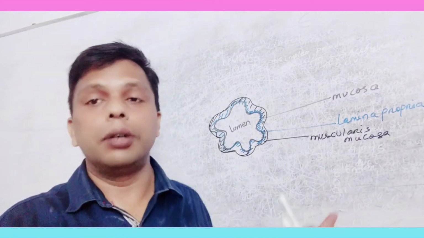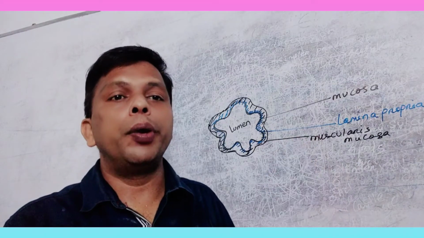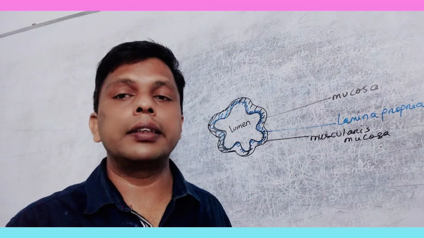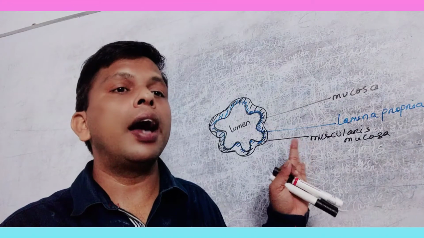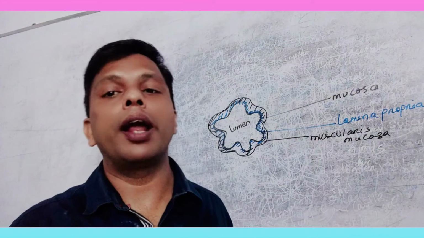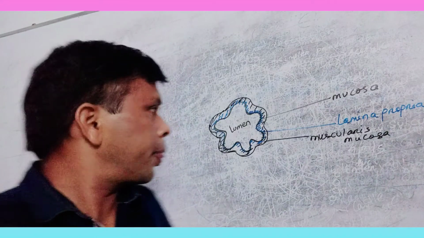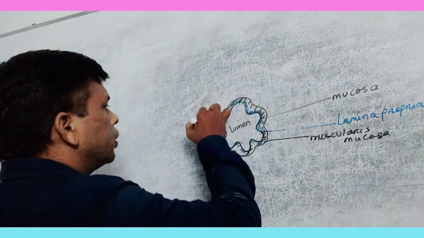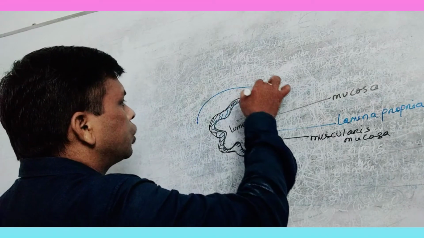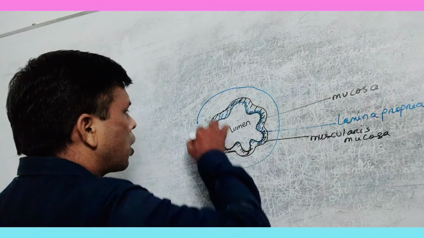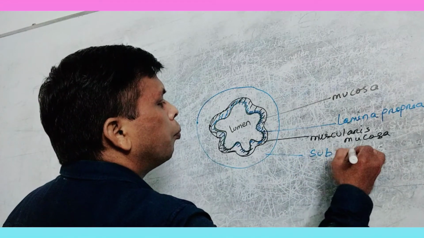What is its basic function? Above the mucosa, there is a large number of neuronal bodies in the submucosa. This is another layer, the submucosa.